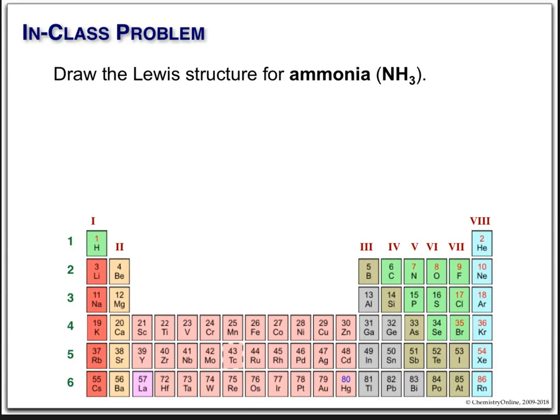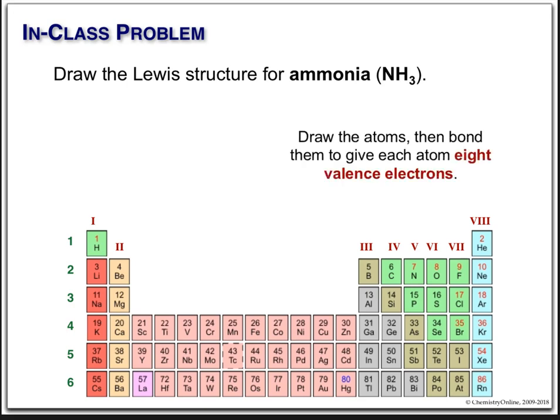Let's build one. How about ammonia, NH3? The way we build is we find our guys on the periodic table, figure out how many valence electrons they have, pair them up so that we have 8 if it's in the second period and below, or 2 if it's hydrogen.